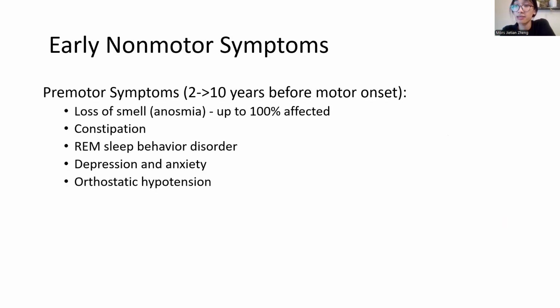Depression and anxiety often appear before or just after motor symptom onset, suggesting they may be direct consequences of the underlying brain changes rather than simply reactions to having a chronic illness. Orthostatic hypotension, or drop in blood pressure upon standing or changing of postures, reflects early autonomic nervous system involvement.